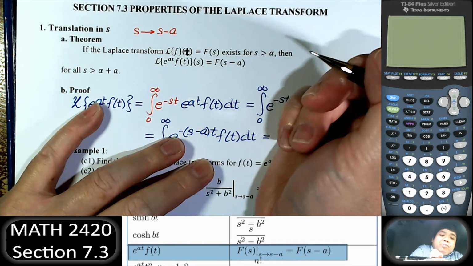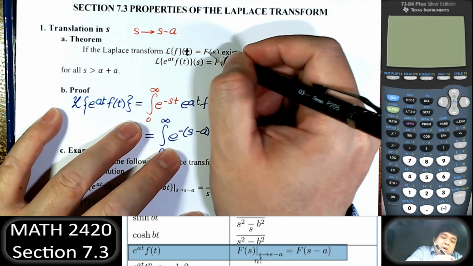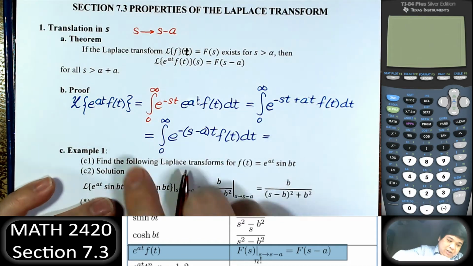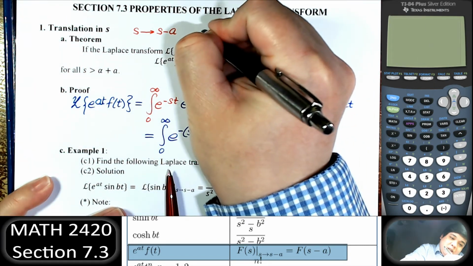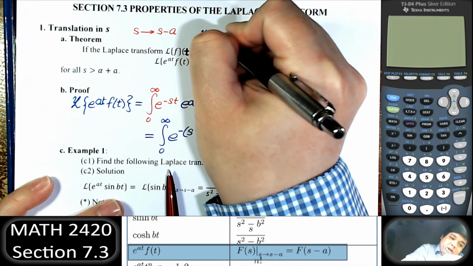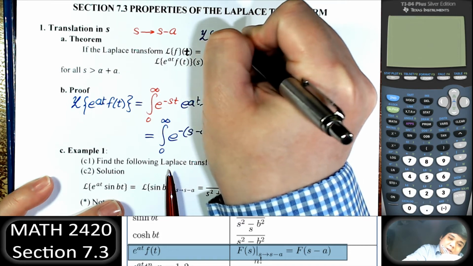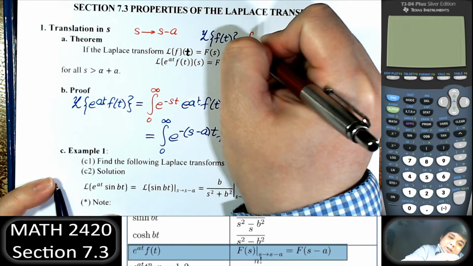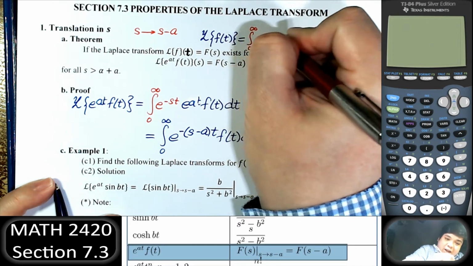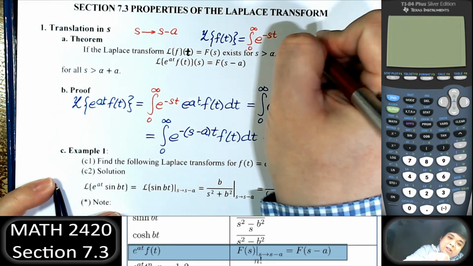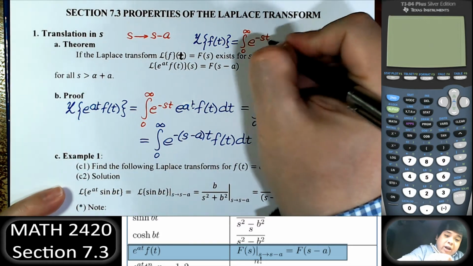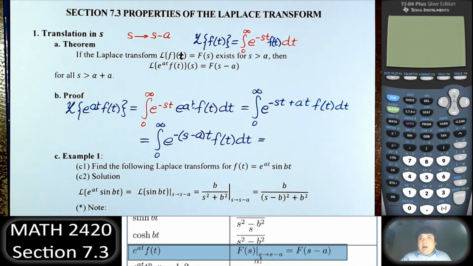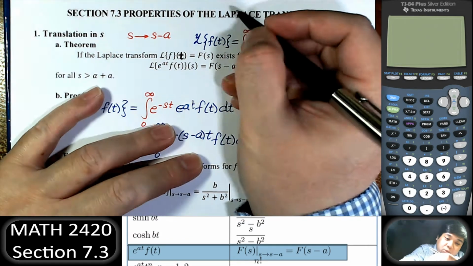Look at this. In the definition, originally from here, let me write the definition for this one. If we just have the function, then the definition will go from 0 to infinity of e to the negative st, and of course we put a function there. Now let's pay attention to this one.